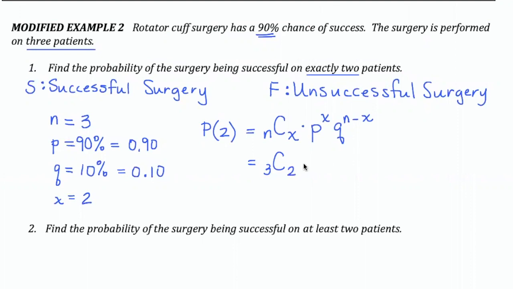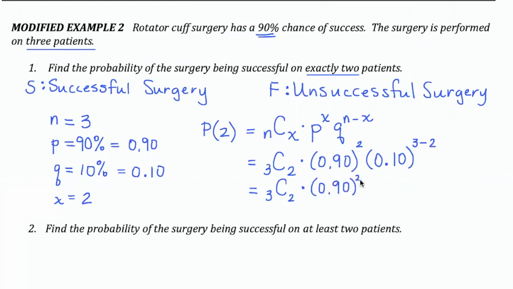So we're going to compute 3C2 times 0.90 to the second power times 0.10 to the n minus 2 power, to the 3 take away 2 power. So in total, we want to calculate 3C2 times 0.90 squared times 0.10 to the first power.